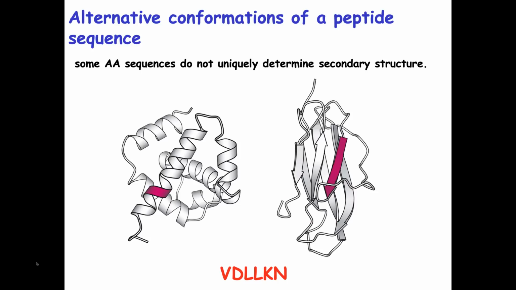So what this tells us is that there are some amino acid sequences that don't specifically require a particular secondary structure. And so the tertiary structure, or the structure and the environment around the sequence, would most likely determine whether it adopts an alpha helix or a beta conformation.